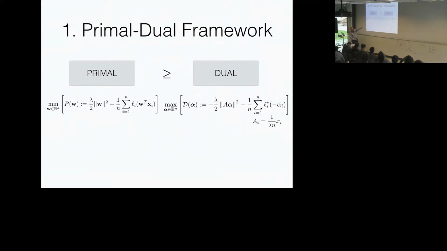And so we've gotten, as many people have observed, a decoupling. Instead of all the W parameters getting coupled by that L of W transpose Xi, here all the alpha i's appear separately in that function. So that means in the dual, things are a little more box-like and a little more decoupled, right?